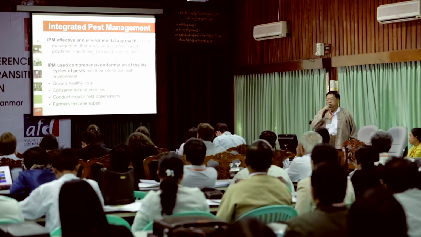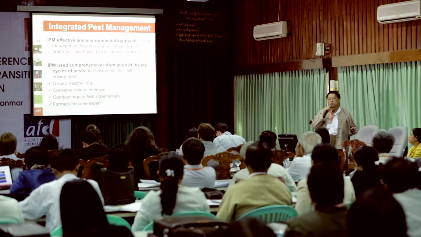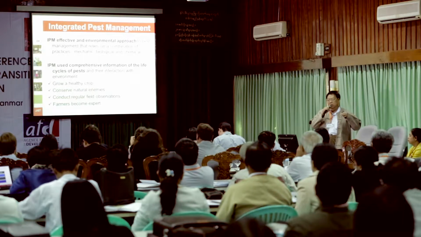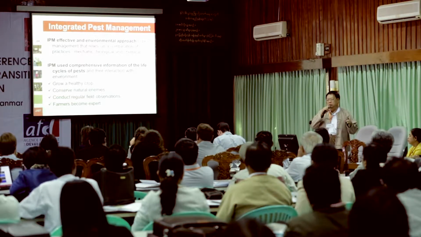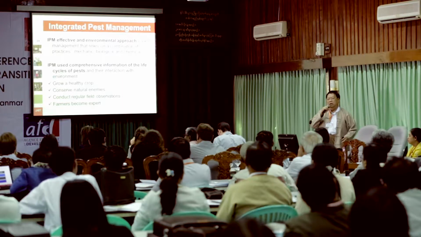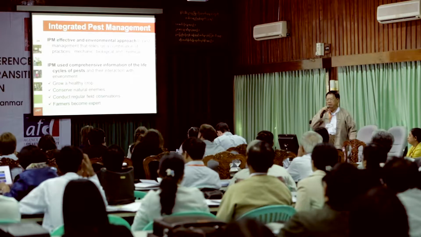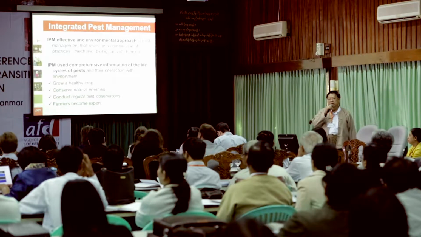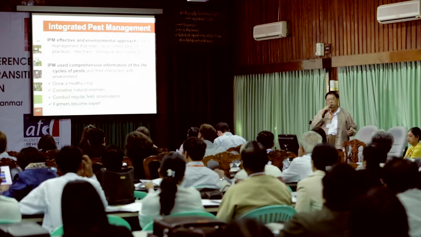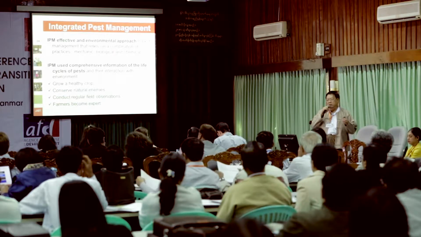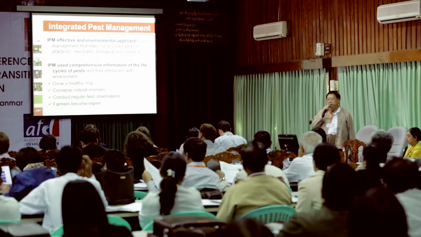For farmers to grow a healthy crop, they have to choose a good, suitable variety with good fertilizer or soil fertility management. The main objective of IPM is to reduce pesticide use as much as possible, in order to conserve the natural enemies of the pest.